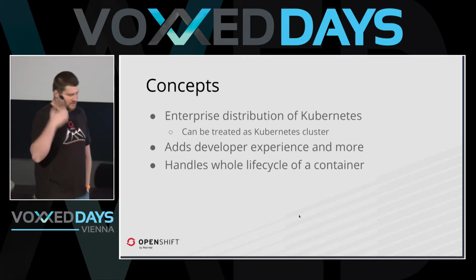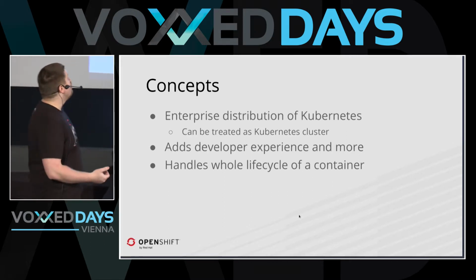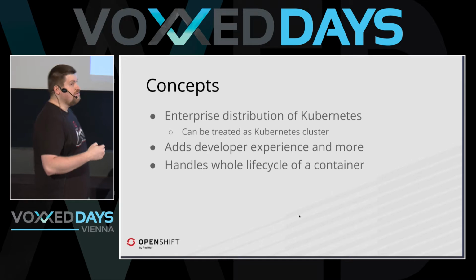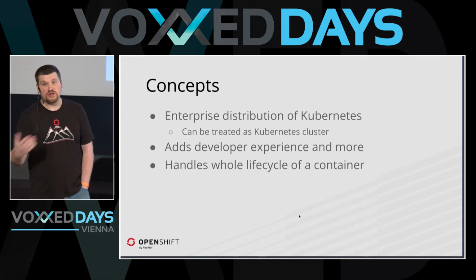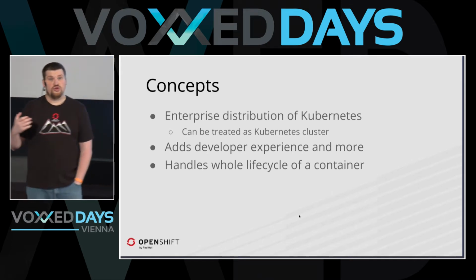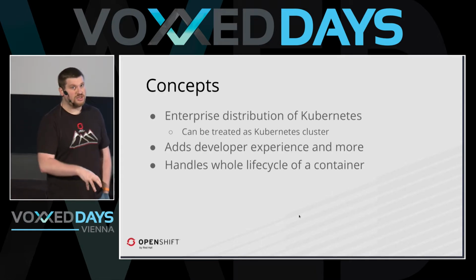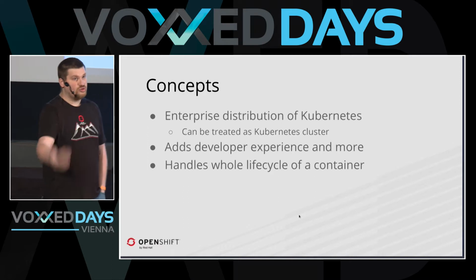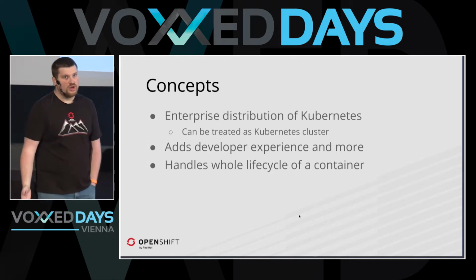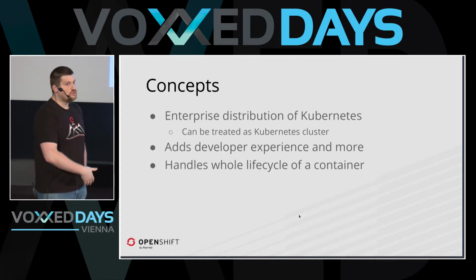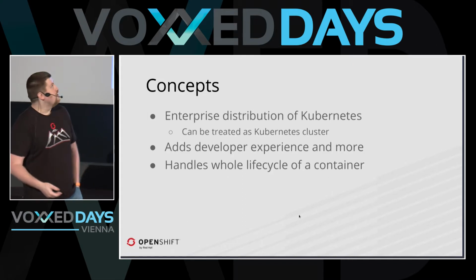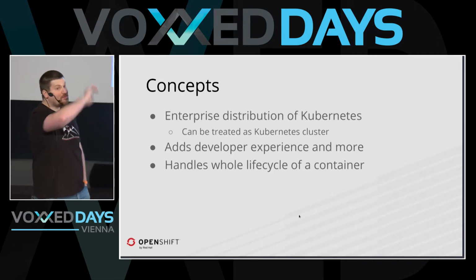And something about OpenShift itself. I like to call OpenShift a distribution of Kubernetes. If you want to use OpenShift as a Kubernetes cluster, you can. You can take kubectl and just run the commands against the OpenShift cluster, and it will just work. All the things from Kubernetes are exposed back to the user. And there is the word enterprise.